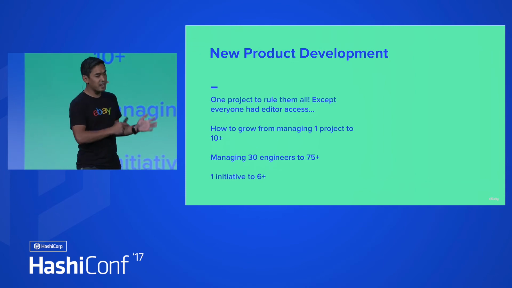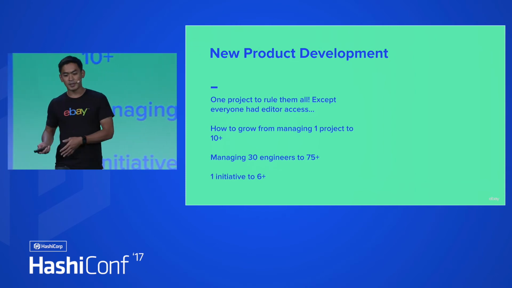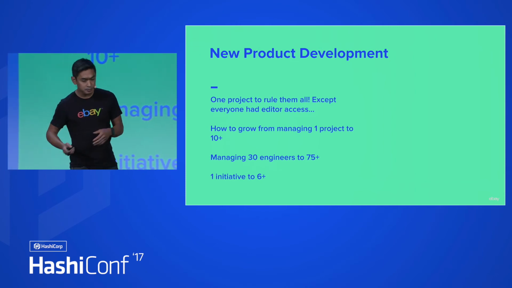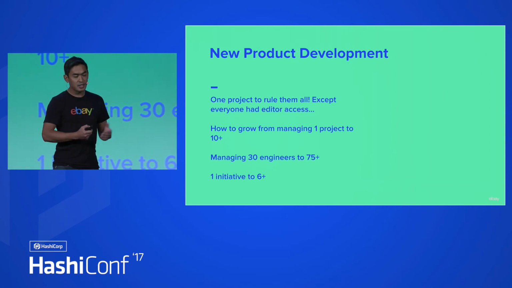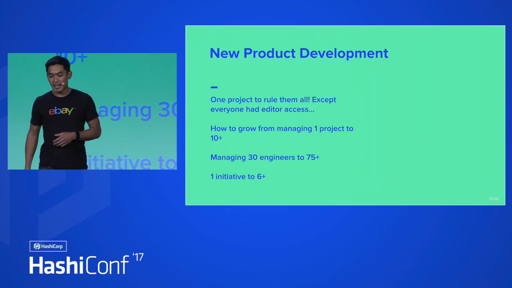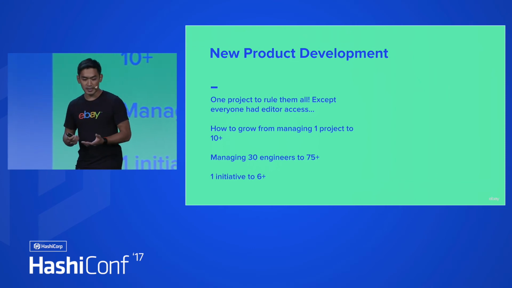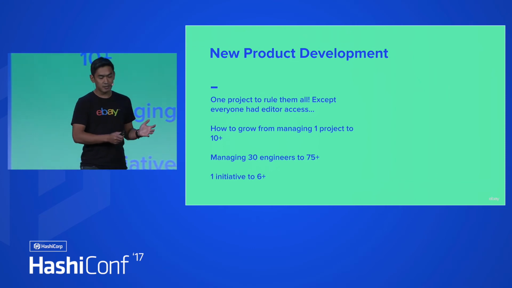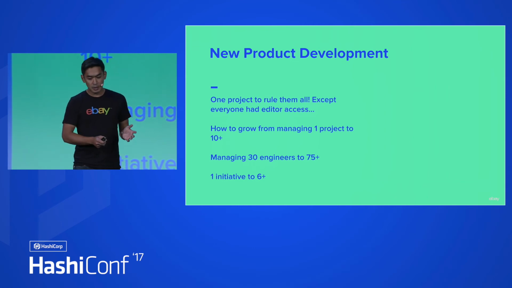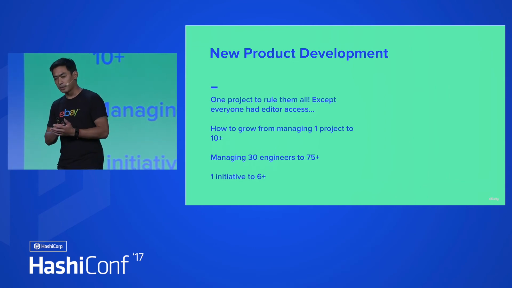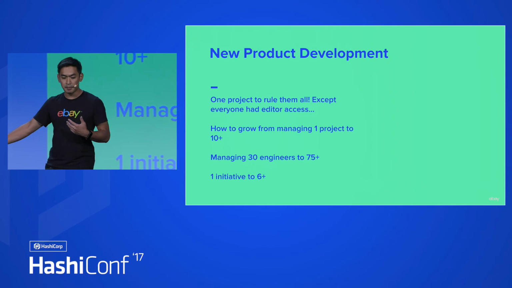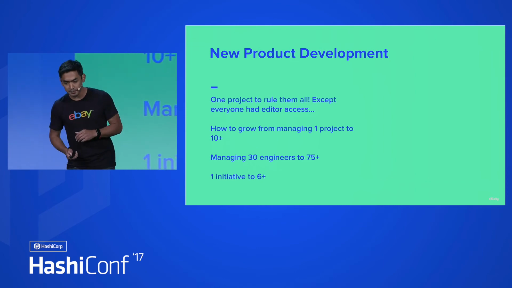So we went from managing one project to over 10, and we're planning on adding more. From managing just under 30 engineers, we are now preparing to handle 100 plus. We went from one initiative that we're working on now to building out a platform that will scale to many initiatives moving forward.